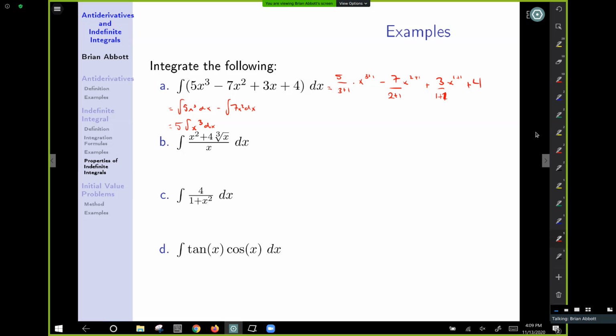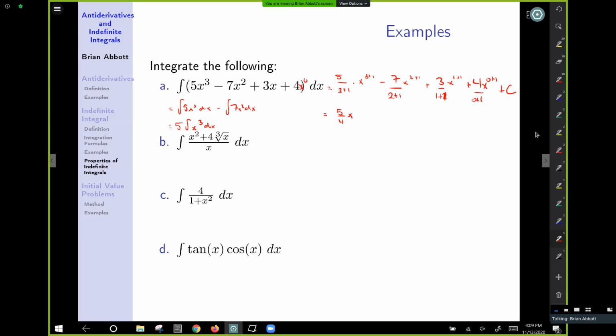All right, power rule, really? Yeah, let's think of that as 4 times x to the 0 power, just like we did with derivatives. x to the 0 plus 1 power gives me 0 plus 1 as my denominator, plus c.